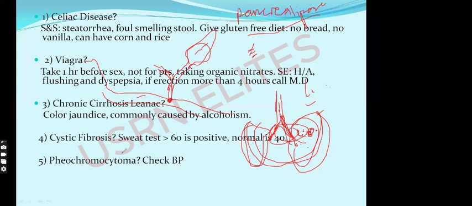In males especially, we tend to get thick semen, in a way that sperms cannot swim freely. So people with cystic fibrosis are likely to become infertile, because of these thick secretions.